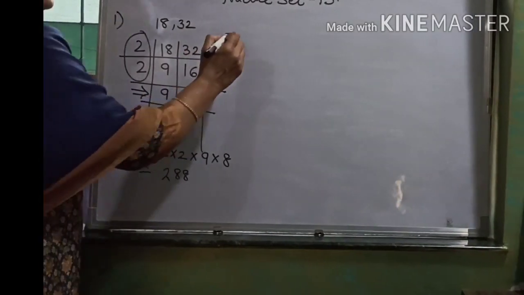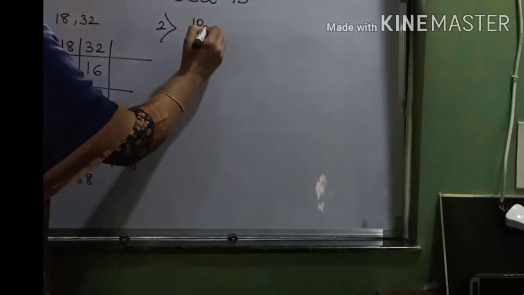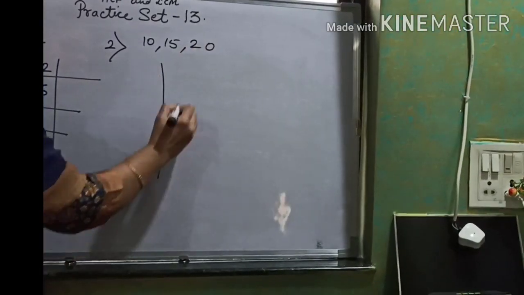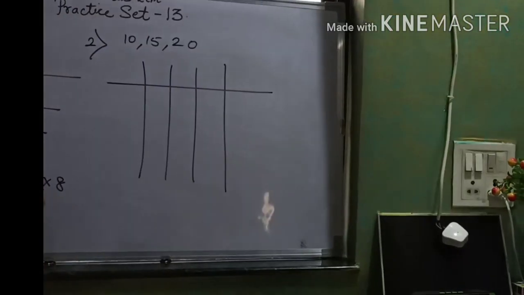Now let us solve the next sum. Find LCM of 10, 15 and 20. So again in vertical arrangement, we will find the LCM.